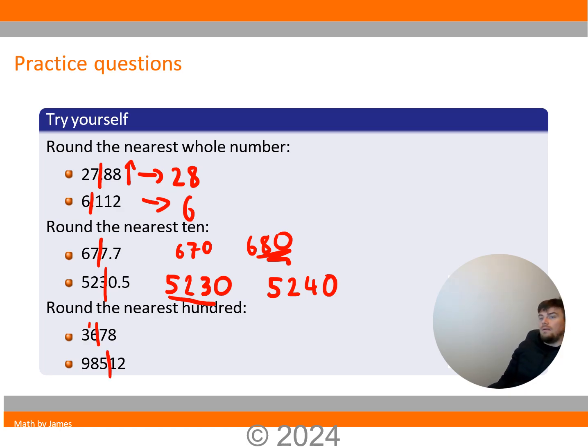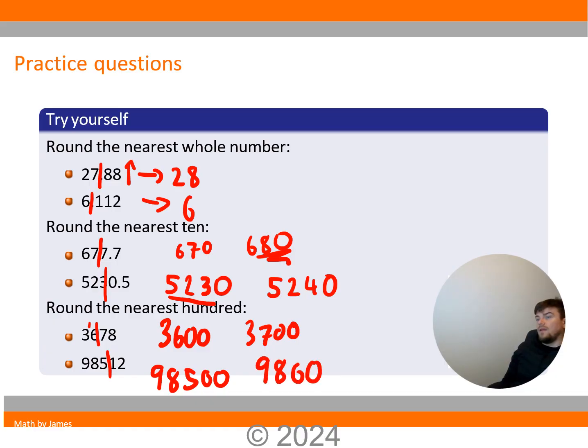So this would mean our numbers are between 3,600 and 3,700. We know that that's a 1, so we round down for this one, and we round up to 3,700 for this one. If you do have any questions on this, please do not hesitate to ask us.